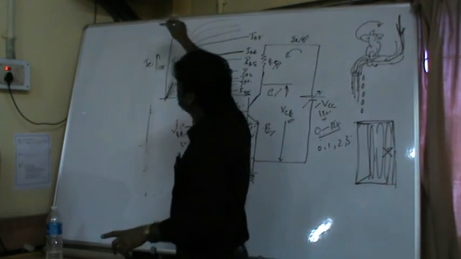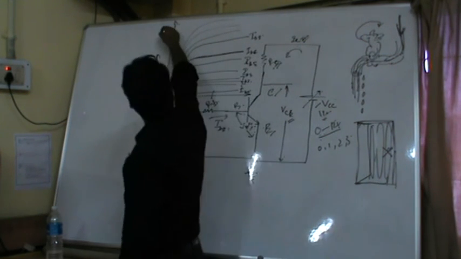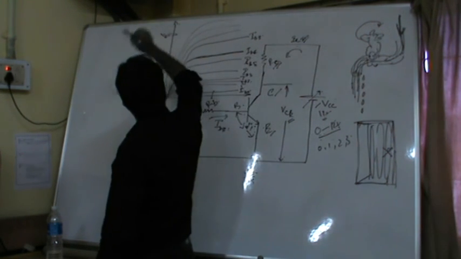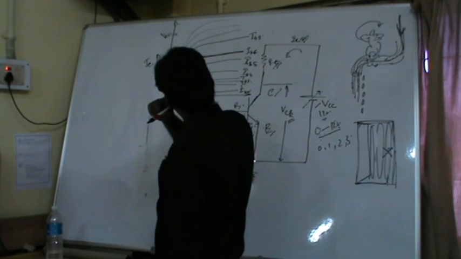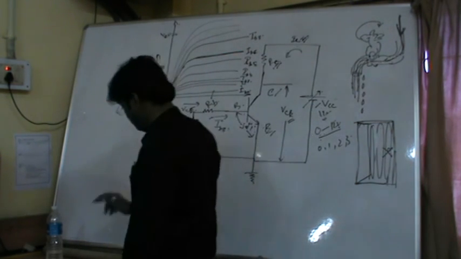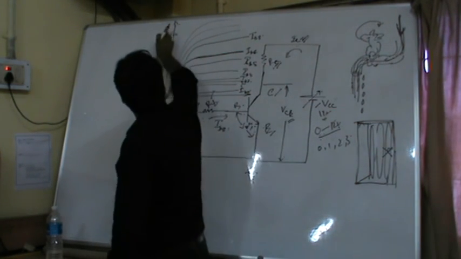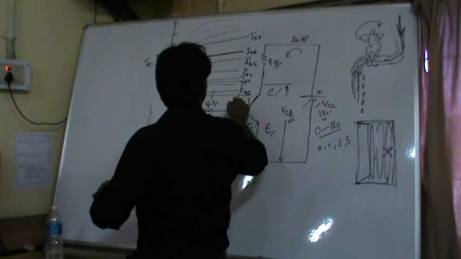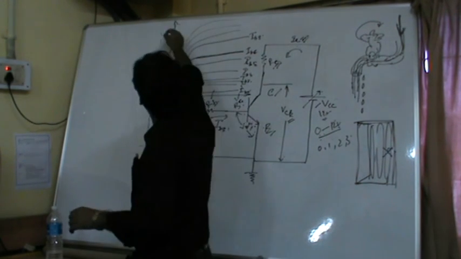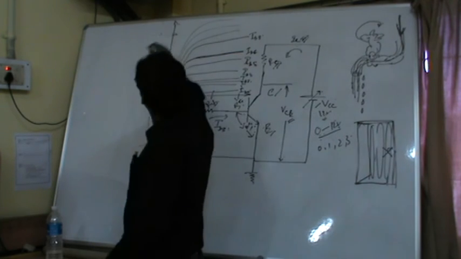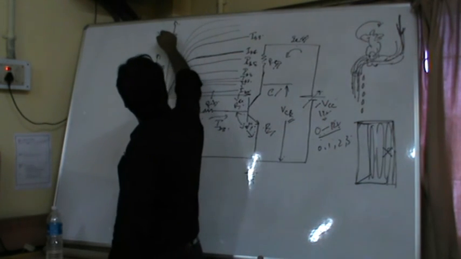There is some barrier. This barrier is VCC. Sorry, this is the barrier, that is VCC. And this is the maximum current, that is VCC by RC.